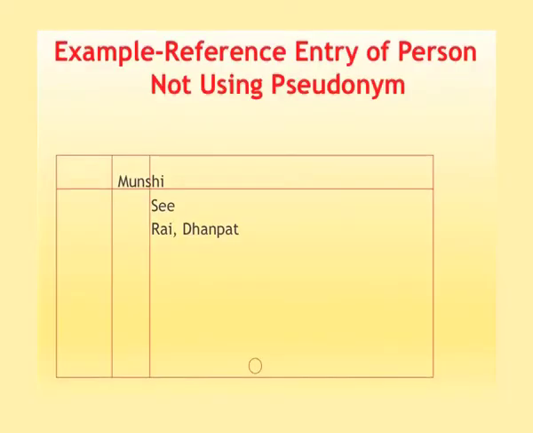If you have a work whose pseudonym is popular, you have to make the main entry under the pseudonym and give the reference entry from pseudonym to real name, like Munshi, see Rai, Dhanpat. Since Munshi Premchand or Premchand is more popular, we do not make any entry under Dhanpat Rai.